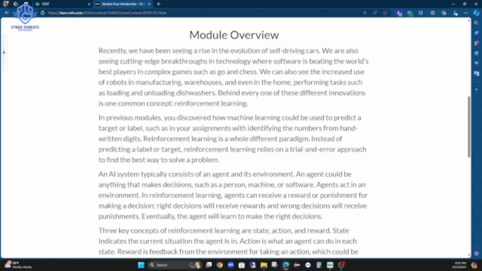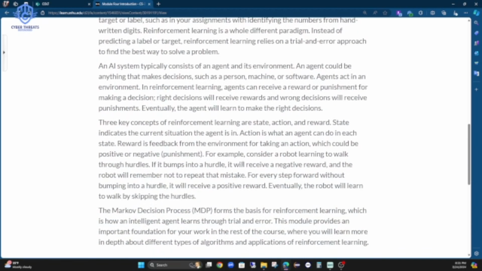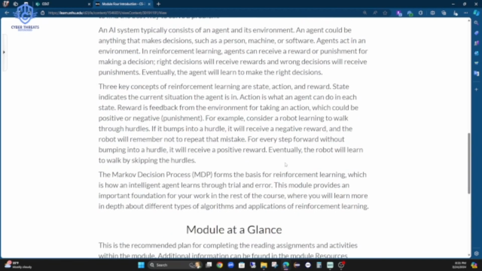That is what is important about reinforcement learning, which you're going to learn this week, and I want you to pay attention to that. But what is also important is the Markov decision process. You're going to have to learn about the MDP. And what is that? The Markov decision process is a mathematical framework used to model decision-making problems in situations where outcomes are partly random and partly under the control of the decision maker.